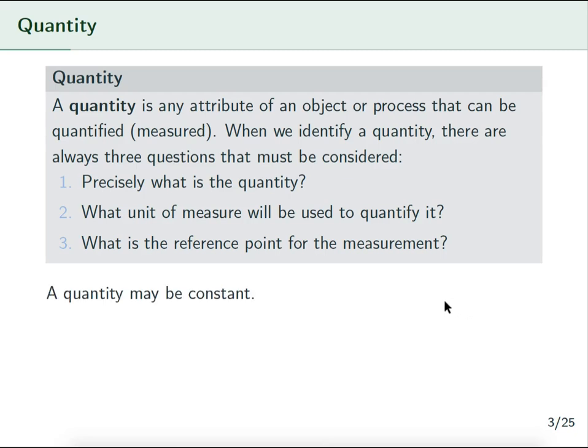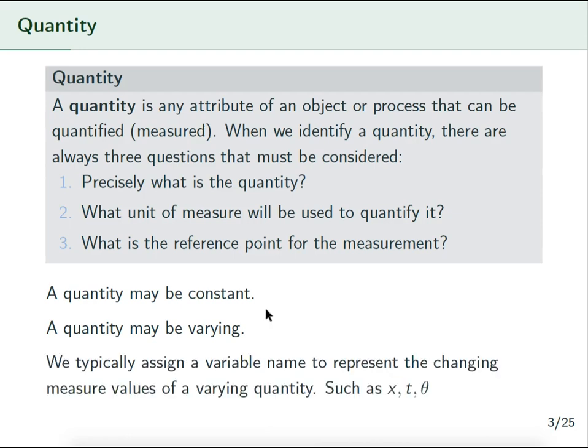Quantity may be constant or fixed, so it does not change. Or quantity may be varying, that means it changes over time or is not fixed. We typically assign a variable to represent changing measures of values of varying quantity, such as x, t, theta, or any symbol or letters to represent that quantity is varying.